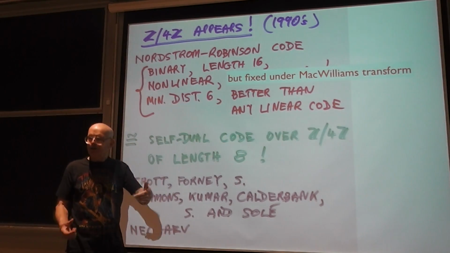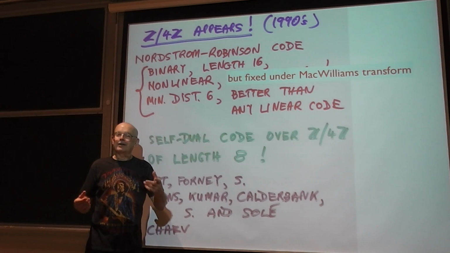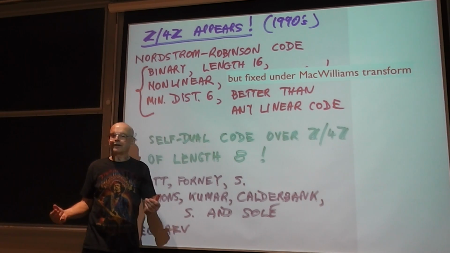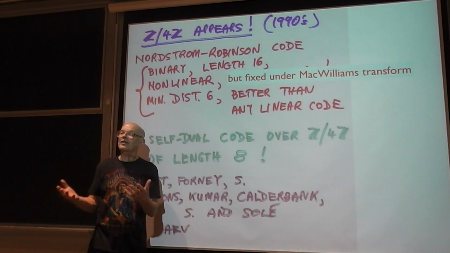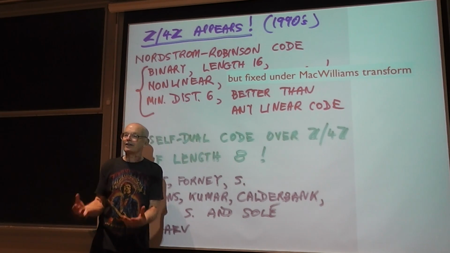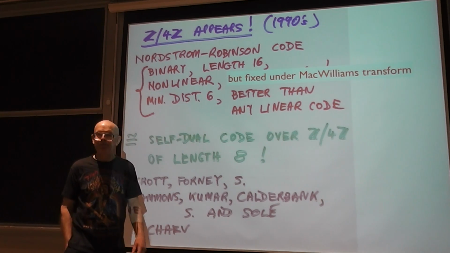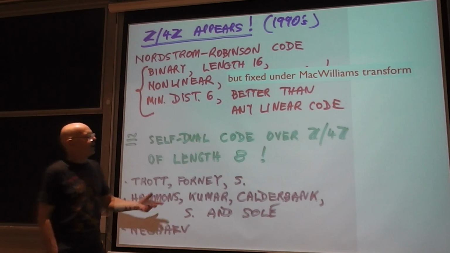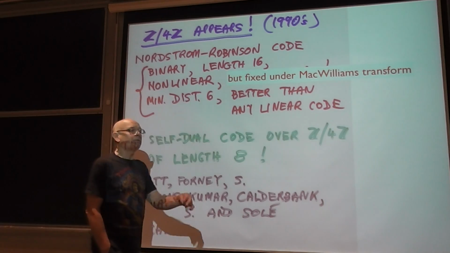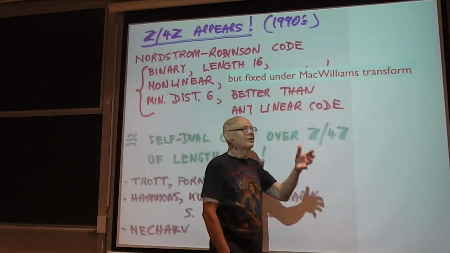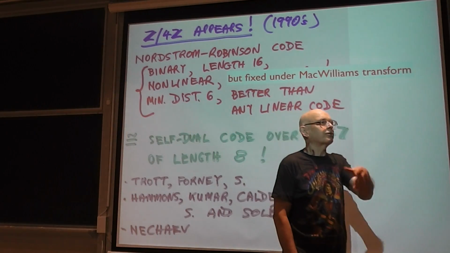It behaves like the weight enumerator of a linear code. It satisfies the MacWilliams identity. It's fixed under the MacWilliams transformation. But it's not linear. The weight enumerator is 1, 0, 112, 30, 112, 0, 0, 1.